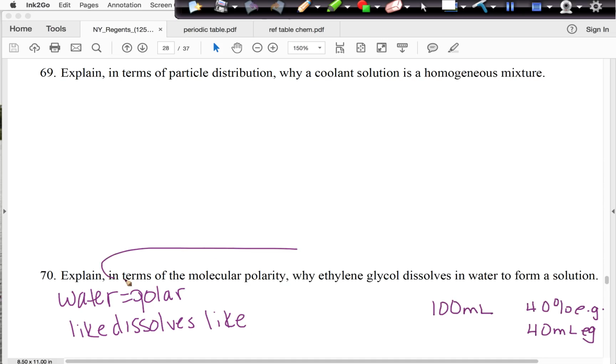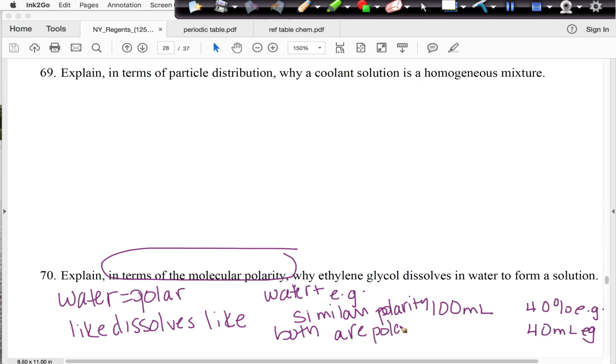So since it says in terms of molecular polarity, you have to either say that water and ethylene glycol have a similar polarity, or both are polar, something like that, because water is polar and like dissolves like.